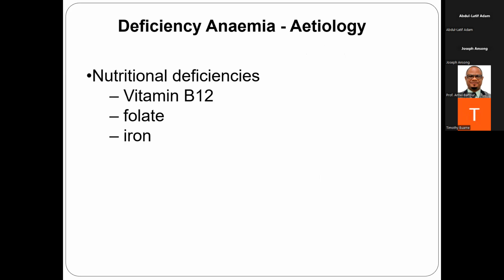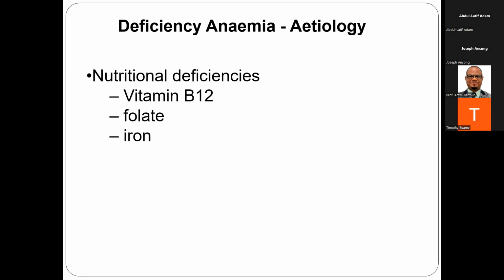So what are these components that are deficient for us to call it deficiency anemia? And that is nutritional deficiency. Number one, vitamin B12 is one of the nutrients. Folate, or its integrated form folic acid.